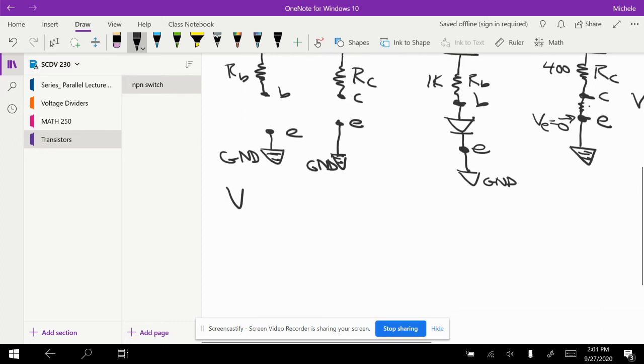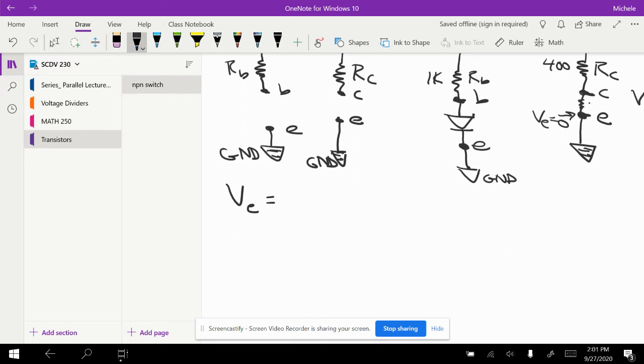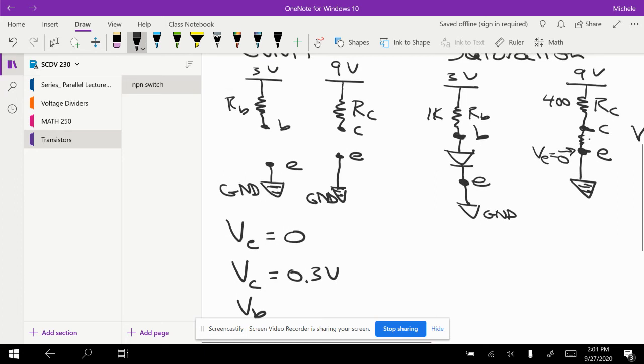So far then we have VE is equal to 0, VC is equal to 0.3 volts. If I look at VB right here, VE right here is 0, and then this uses up 0.7 volts. So I have a voltage drop between E and B of 0.7. So this VE is equal to 0.